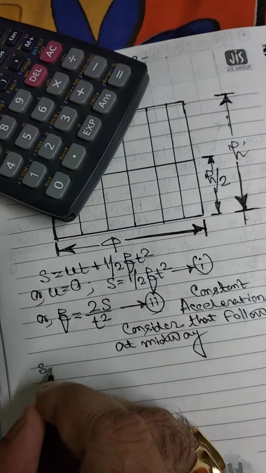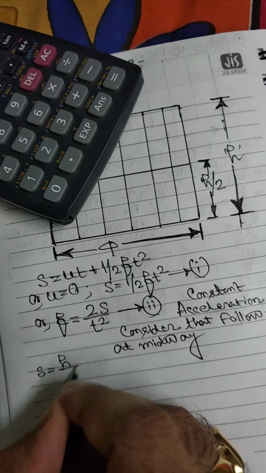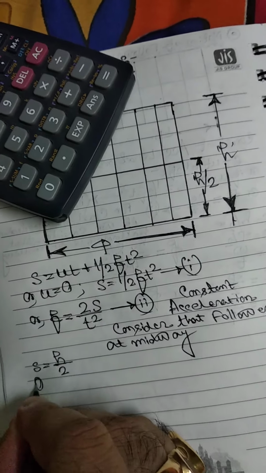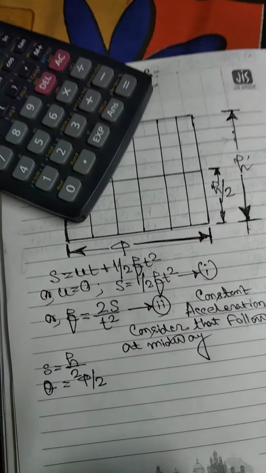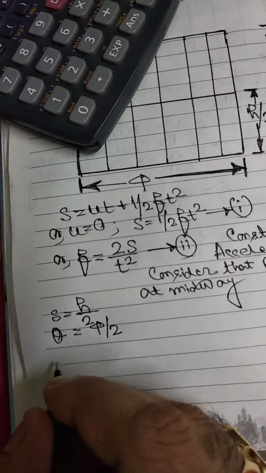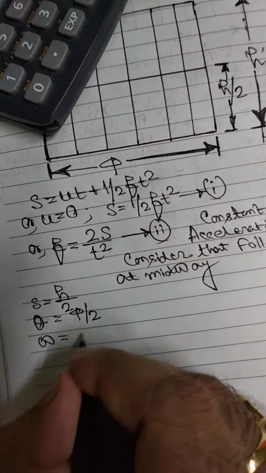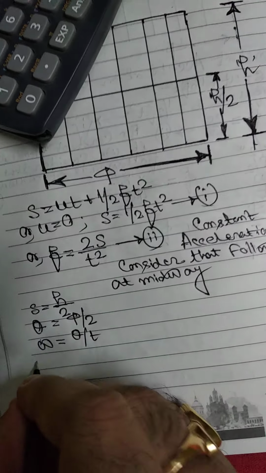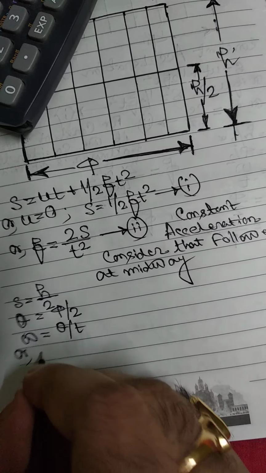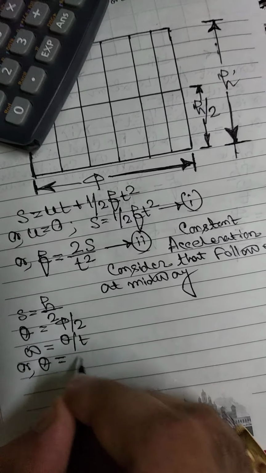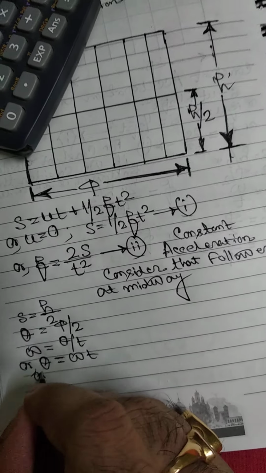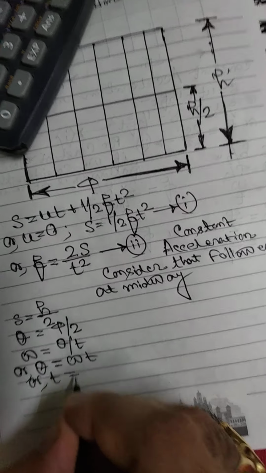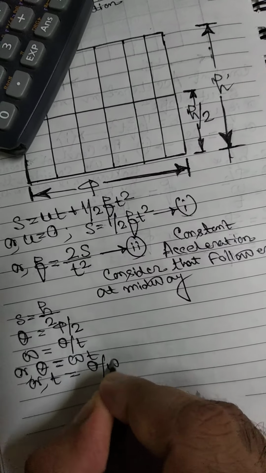Then s will be h by 2 and theta will be phi by 2. Now omega equals theta by t, so theta equals omega into t, and t equals theta by omega.